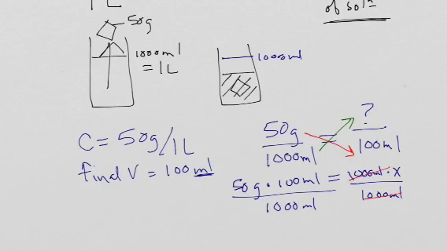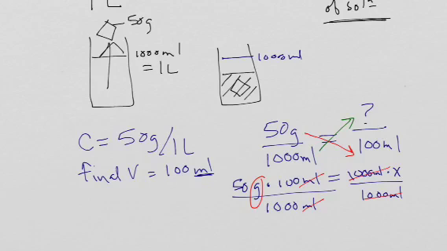So this is kind of great. I know that I'm looking for a mass. Look at this, my milliliters cancel out, and I'm left with grams, which are the unit for mass. So putting your units in here acts as a proof that you've actually done the proper math. Had I not done that right, I wouldn't have ended up with the right units. And that's a surefire way to know if you've done this properly or not.